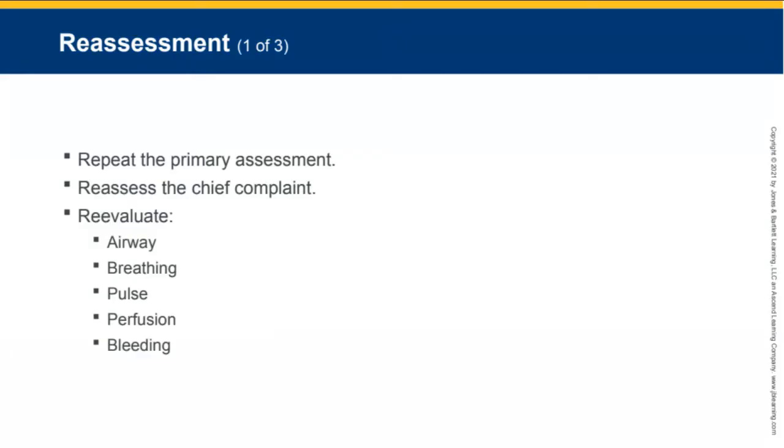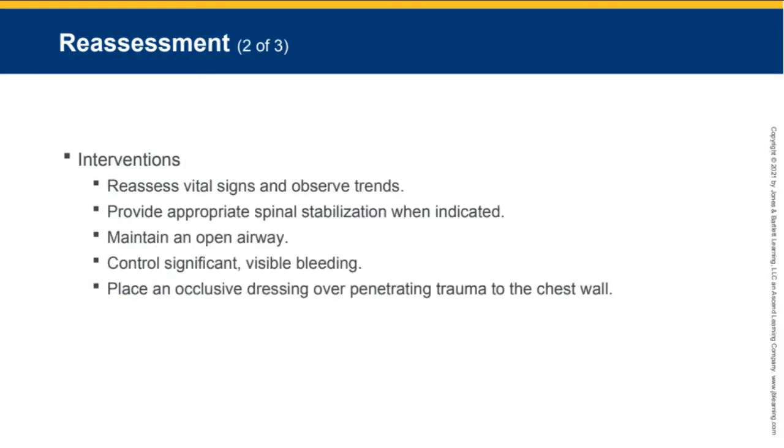After we have completed the secondary assessment, the next phase is the reassessment. In the reassessment phase, repeat the primary assessment, reassess the chief complaint, and reevaluate airway, breathing, pulse, perfusion, and bleeding. Think about your interventions, reassess vital signs, and observe for trends. Provide appropriate spinal stabilization when indicated.